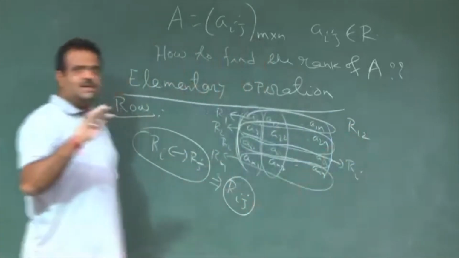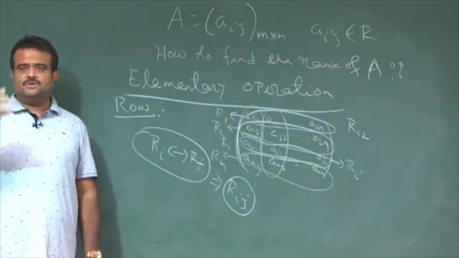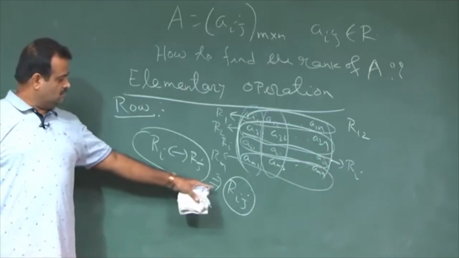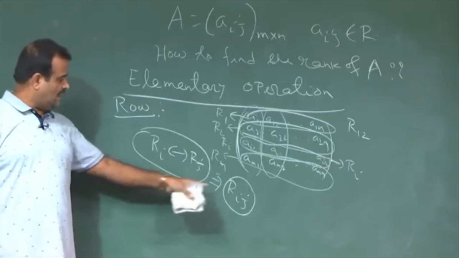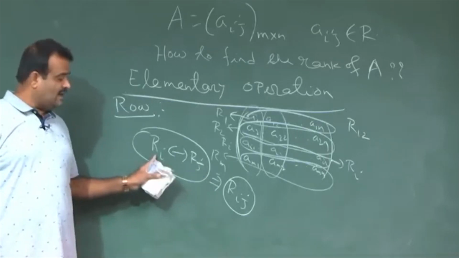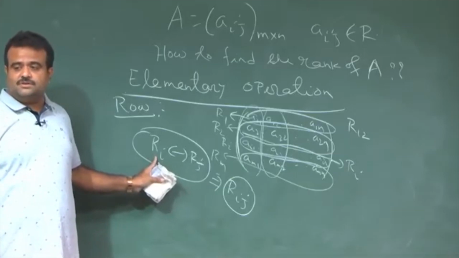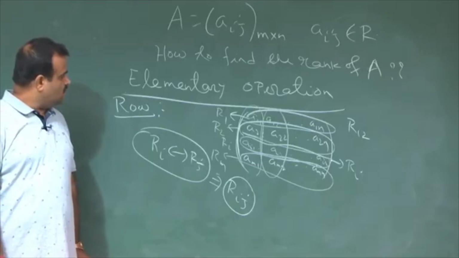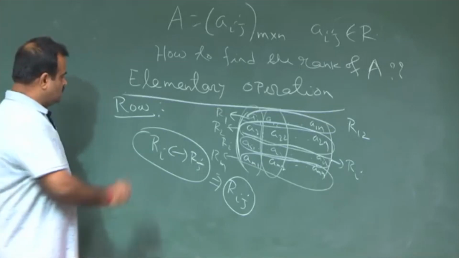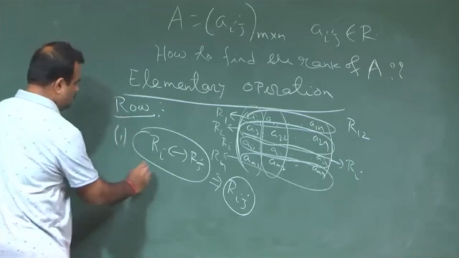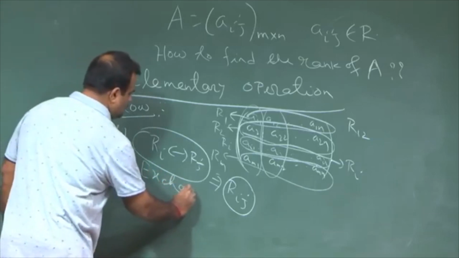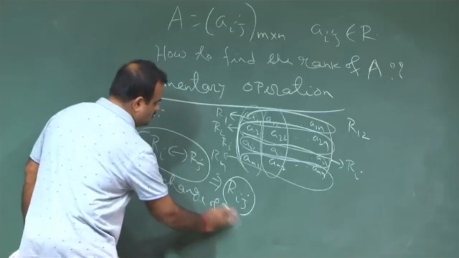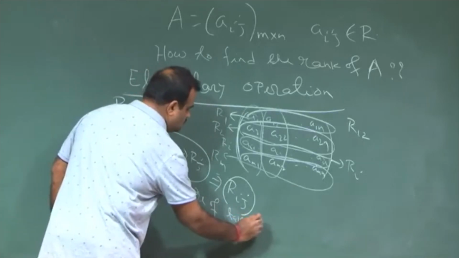In general this is Rij. That means the ith row is going to the jth row and the jth row is going to the ith row. So, this is one operation, the exchange of two rows. This is only on two rows.